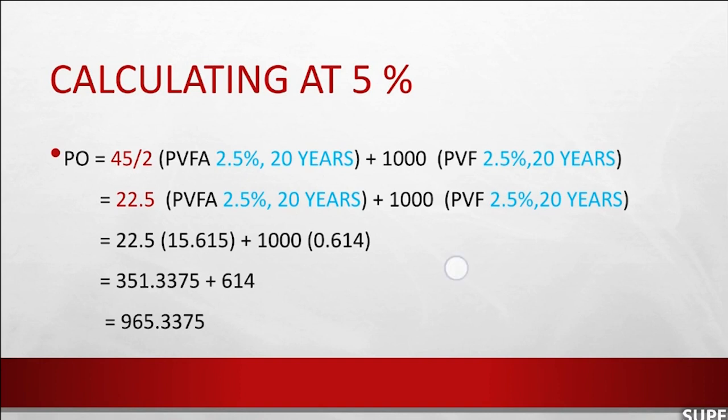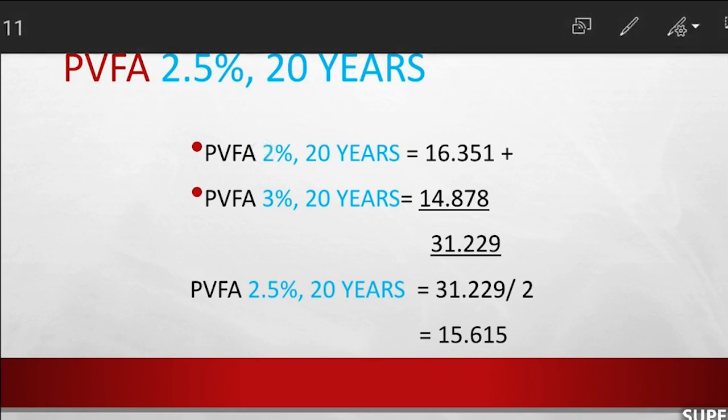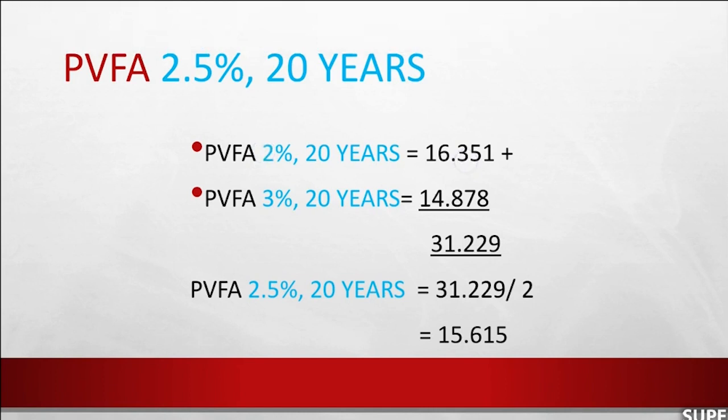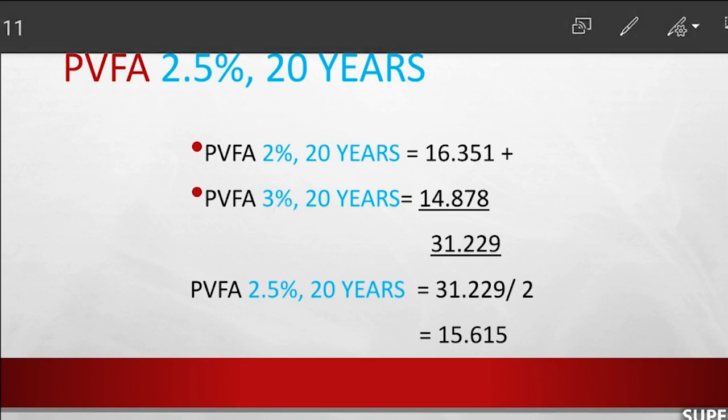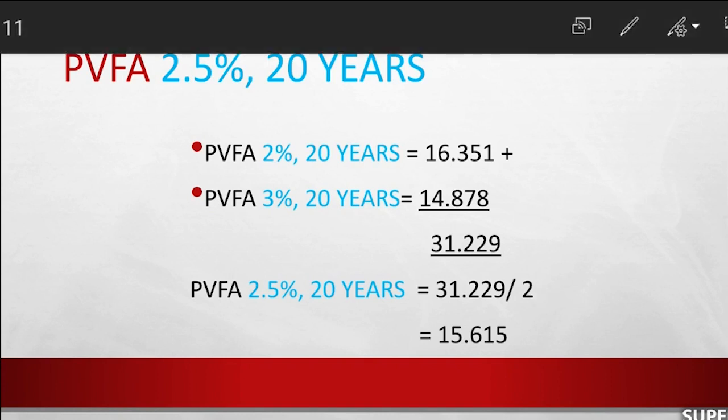So we can do like this, that is we are selecting present value factor annuity at 2% in 20 years, that is 16.351, and we have also noted present value factor annuity at 3% in 20 years, that is 14.878, and we'll add both of these and we'll get 31.229, and we are dividing 31.229 by 2, then we will get 15.615.